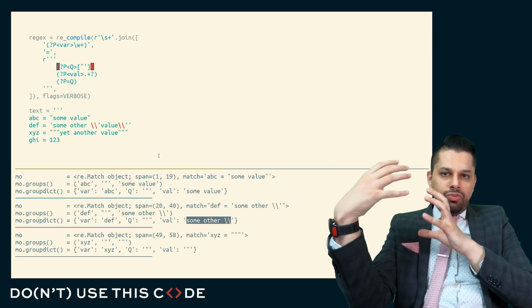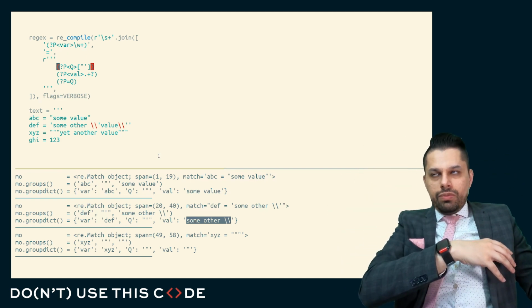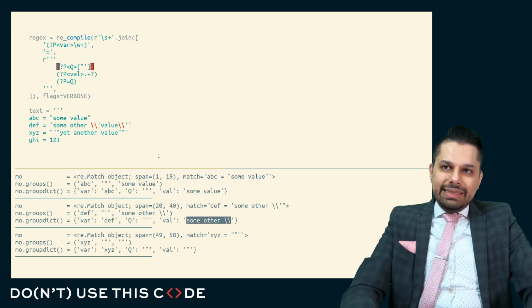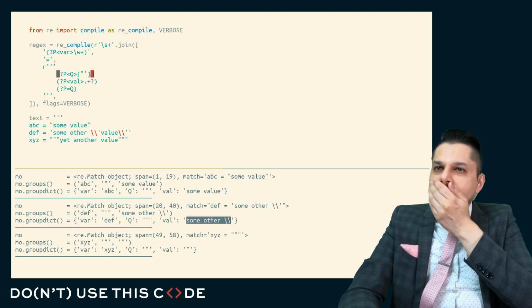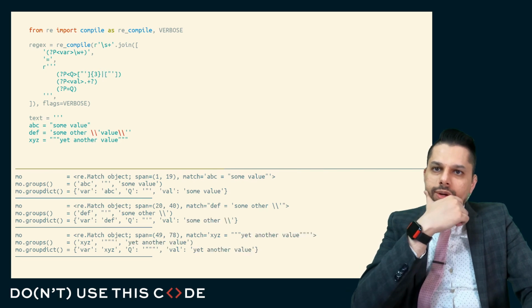It's not checking if it's double quotes or single quotes or triple double quotes. And so I'm going to have to make this a little bit more complicated. What I'll do is I'll use alternation, and I'll say either match 3 of these or 1 of those.